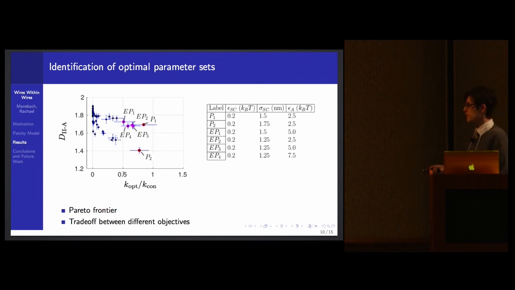But now what we can actually do is identify optimal parameter sets given some objective functions. What I'm showing you here is all 60 different parameter sets measured with two objective functions. On the x-axis, I'm measuring the optical cluster growth rate versus the contact cluster growth rate, which we'd like to be large, as I mentioned before.